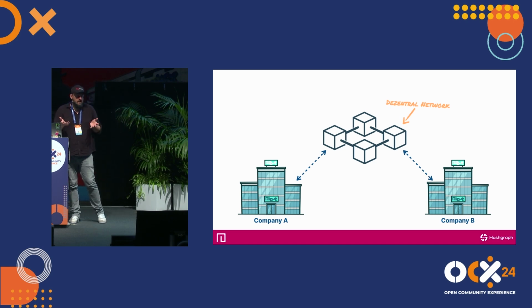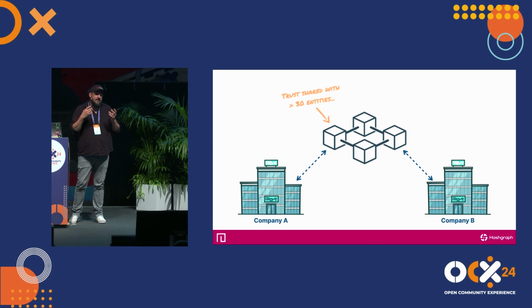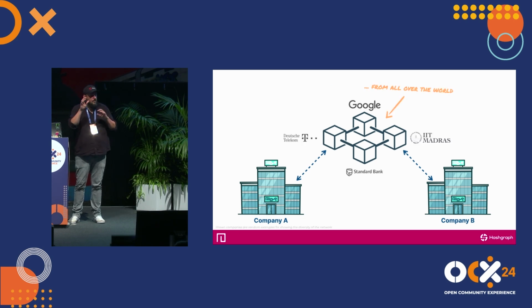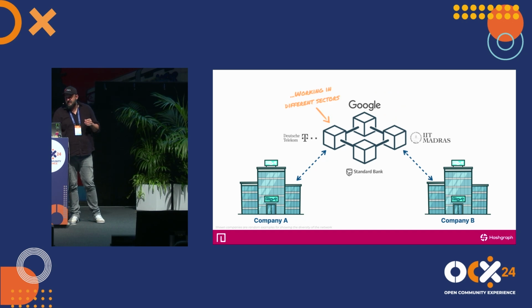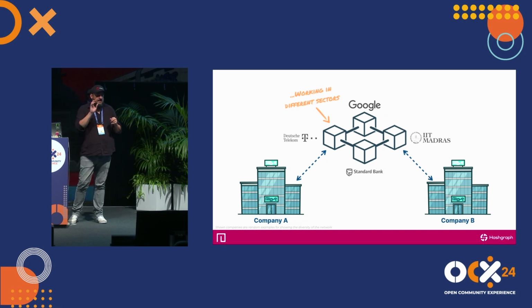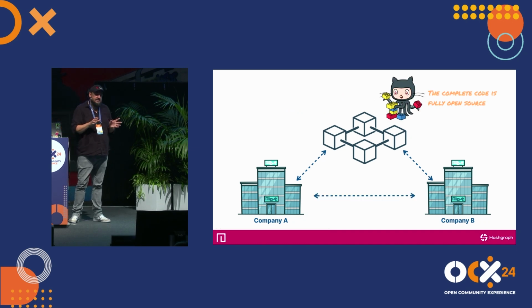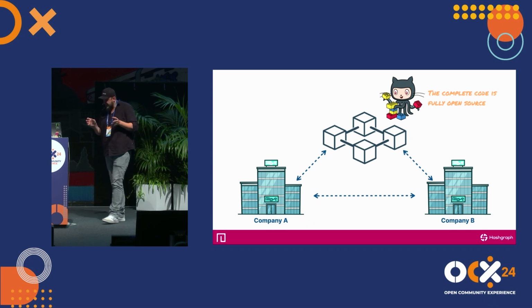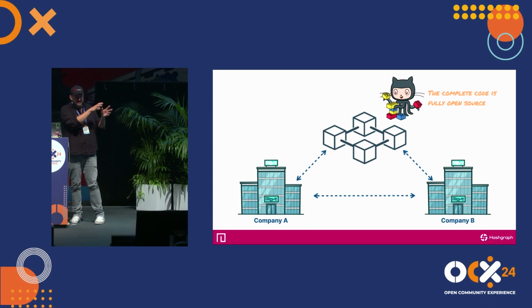For example, the Hedera network that is based on Hiero, where in that case we have over 30 entities, so over 30 nodes that define the network, coming from all over the world and from different sectors. Like here we see the tech sector, banks, IT, and so on. Based 100% on open code, so you can verify the code of the nodes that are running in the network, and you can audit it.